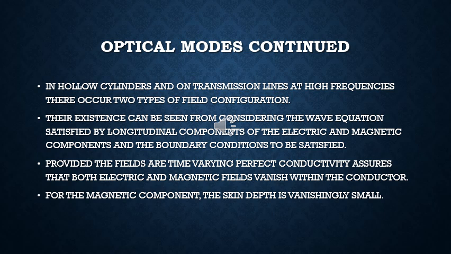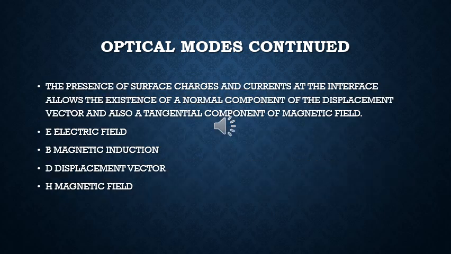Provided the fields are time-varying, perfect conductivity assures that both electric and magnetic fields vanish within the conductor. For the magnetic component, the skin depth is vanishingly small. The presence of surface charges and currents at the interface allows the existence of a normal component of the displacement vector and also a tangential component of the magnetic field.